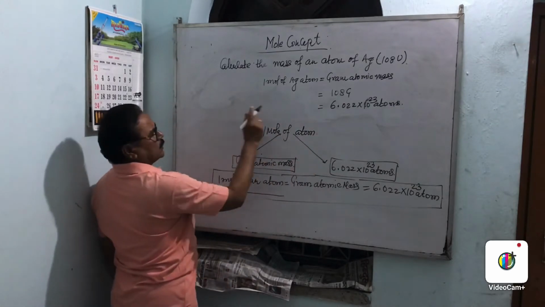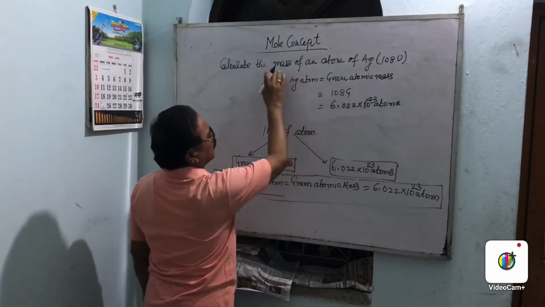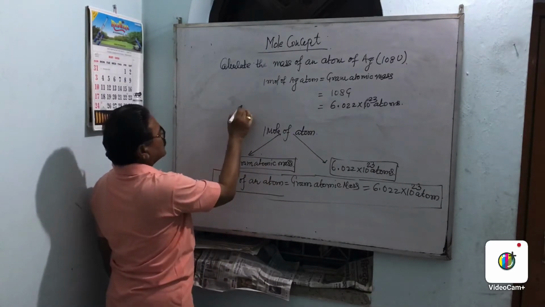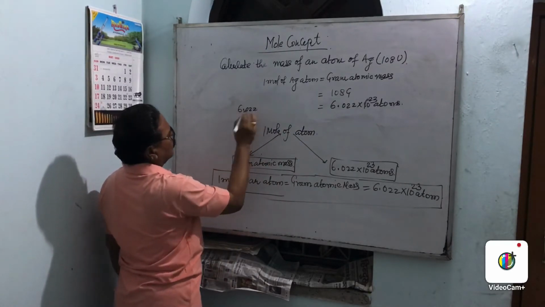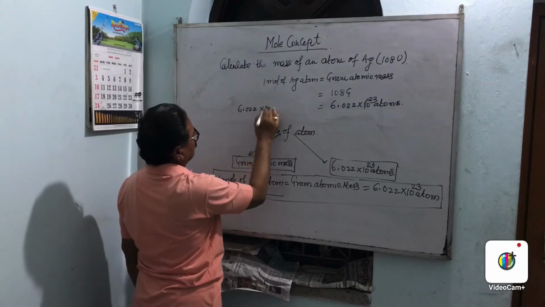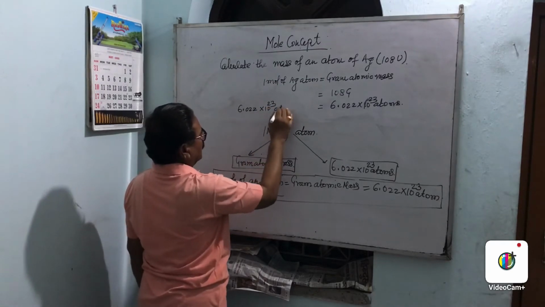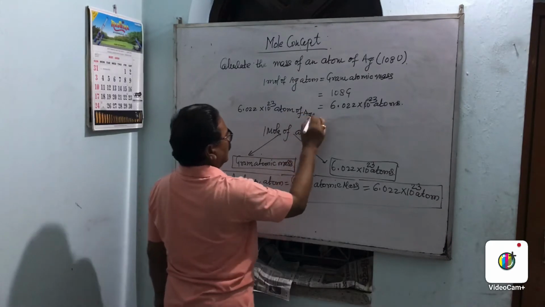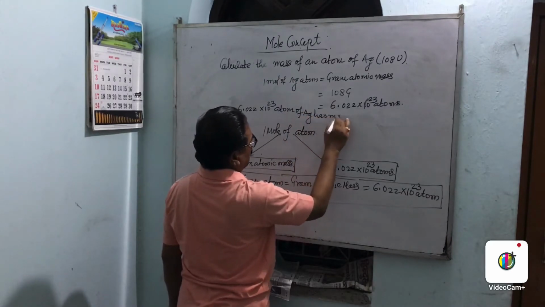We have to calculate the mass of an atom. So 6.022 into 10 to the power 23 atoms of silver has a mass of how many gram?